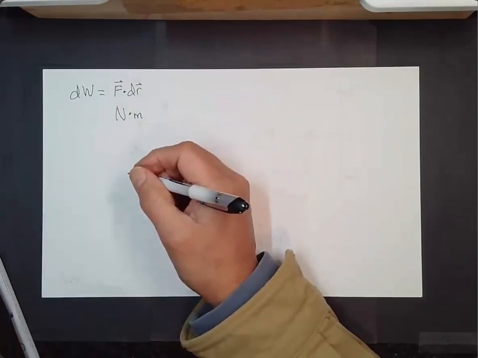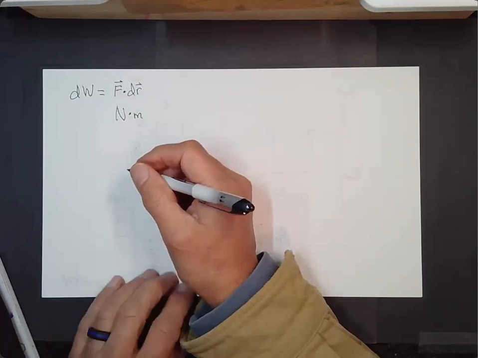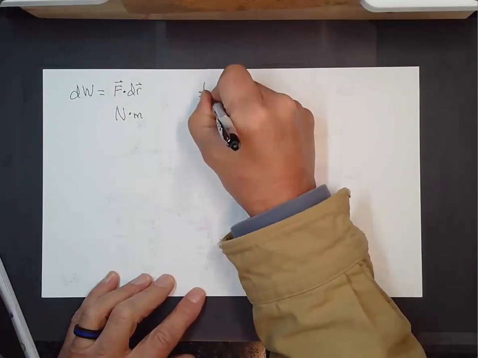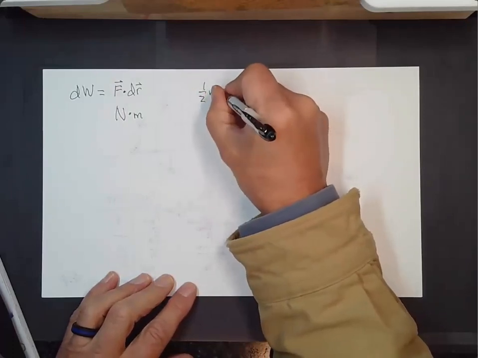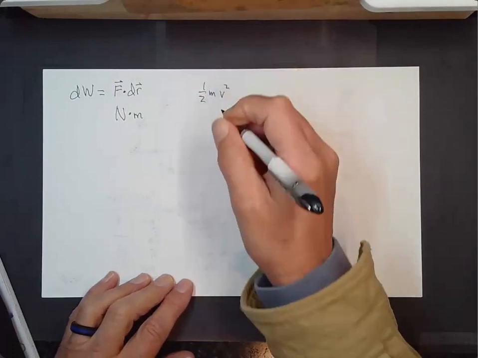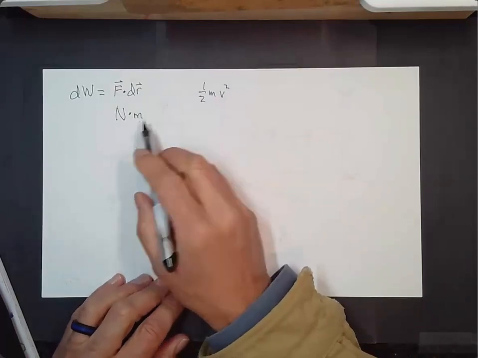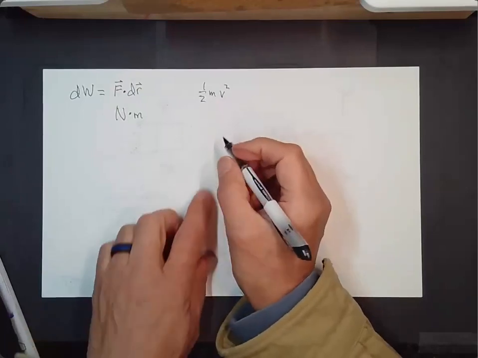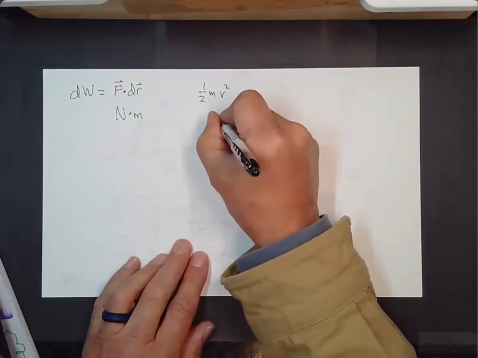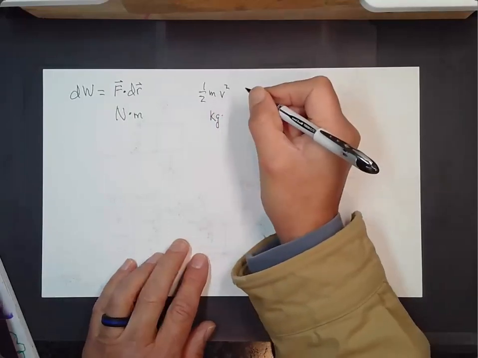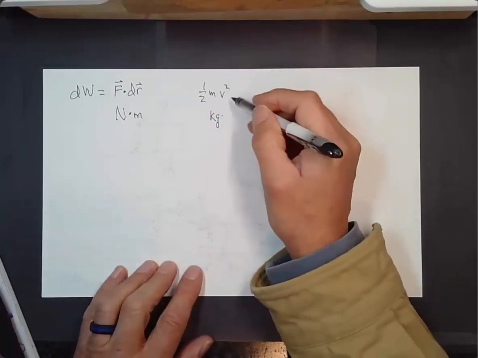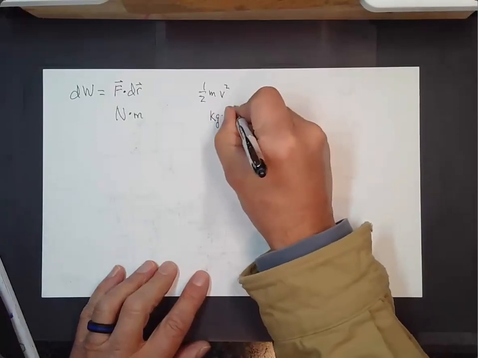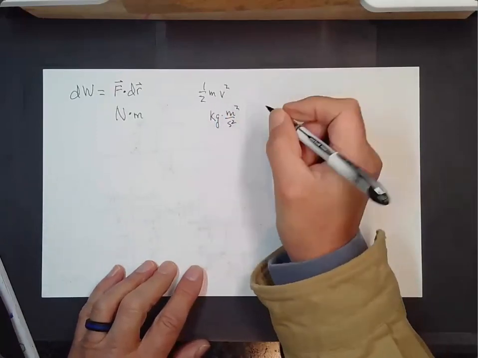We saw before that the net work could equal a change in kinetic energy. Well, what are the units of kinetic energy? We have 1/2 m v squared. This is a mass there, so let's be a little careful with that. The units here are going to be kilograms times, v is going to be meters per second, so meters squared per second squared.